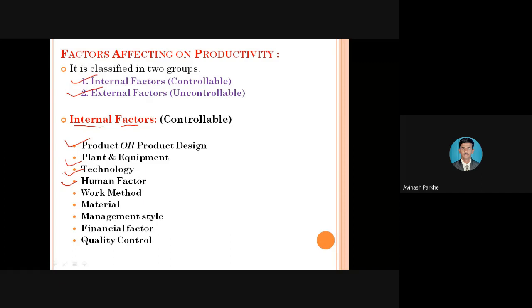Therefore, the human factor, which type of laborers we are using in the industry, those particular operators, also plays a very important role. Wherever skilled operators are required, for example if CNC, VMC, or some automatic machinery is there in your organization, for such machines we have to provide skilled operators.